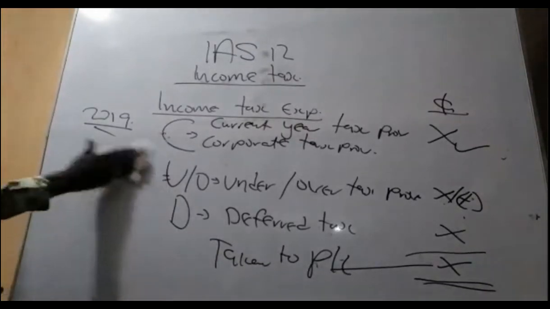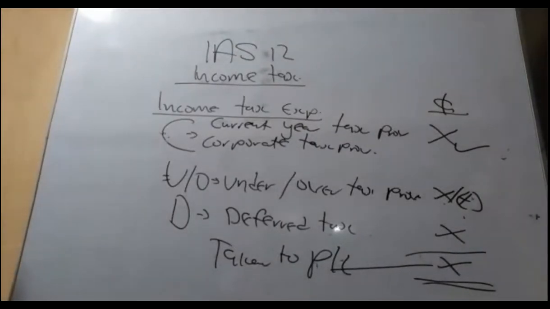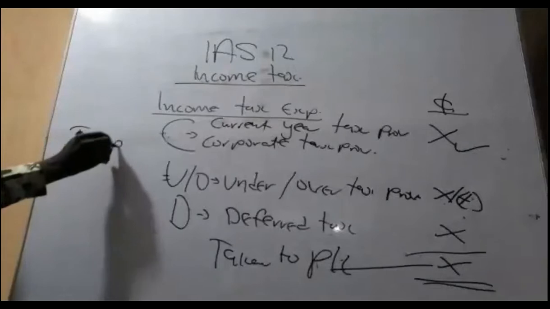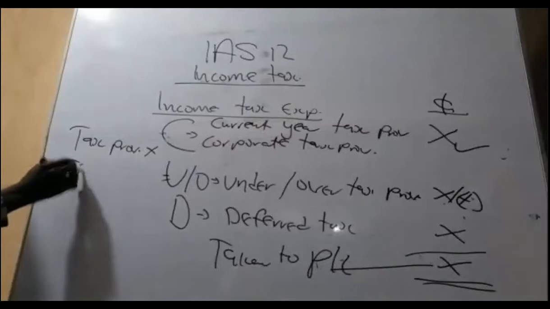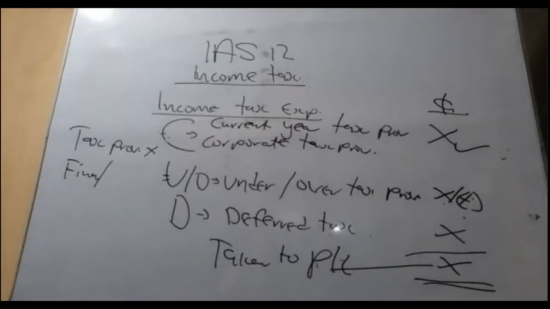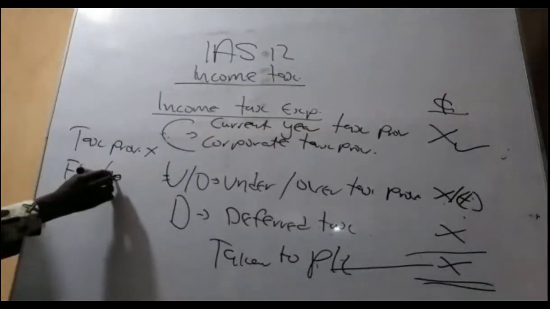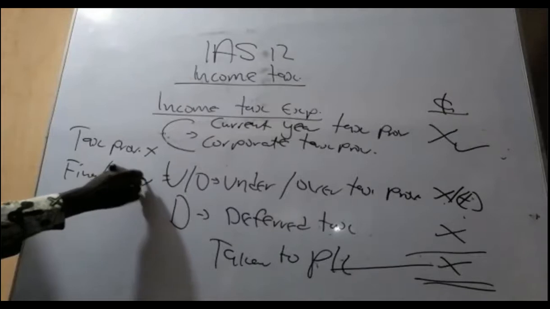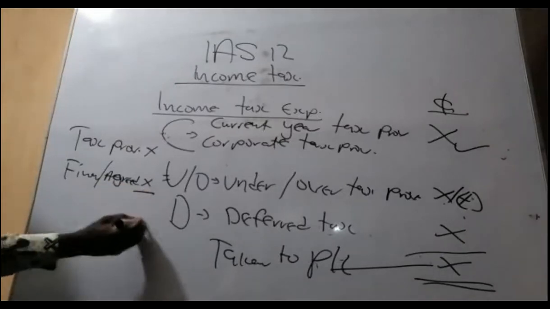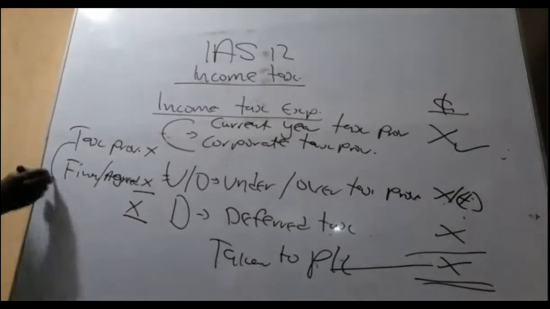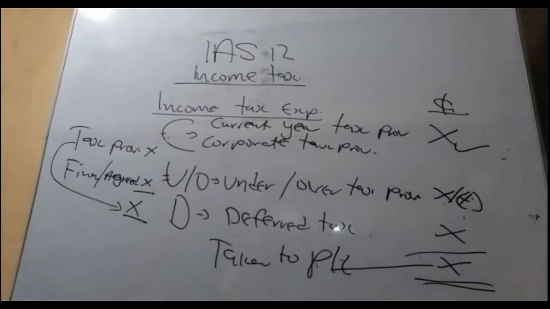So take notes. So this is what you do. You compare two items. Tax provided versus final or agreed tax. Agreed by who? The tax authorities. Good. So if you compare this and what you provided is more than what is agreed, it is over provided.